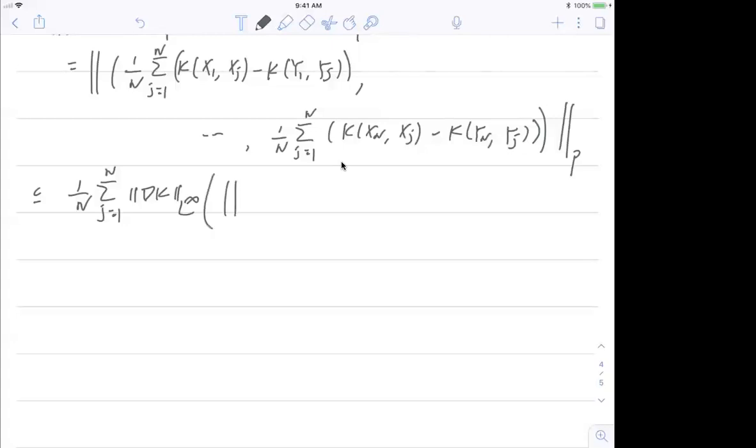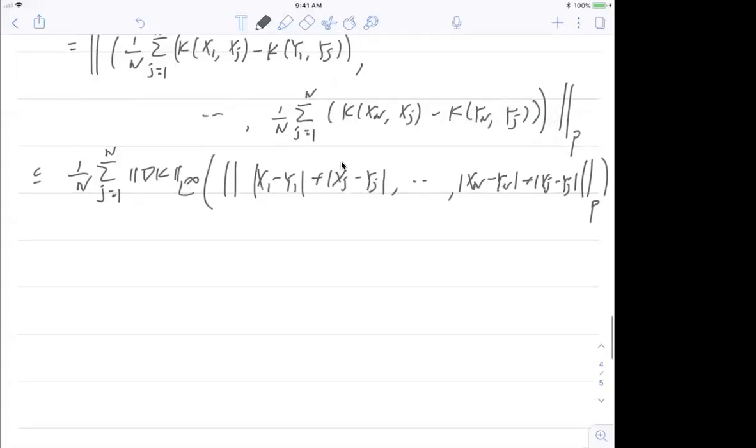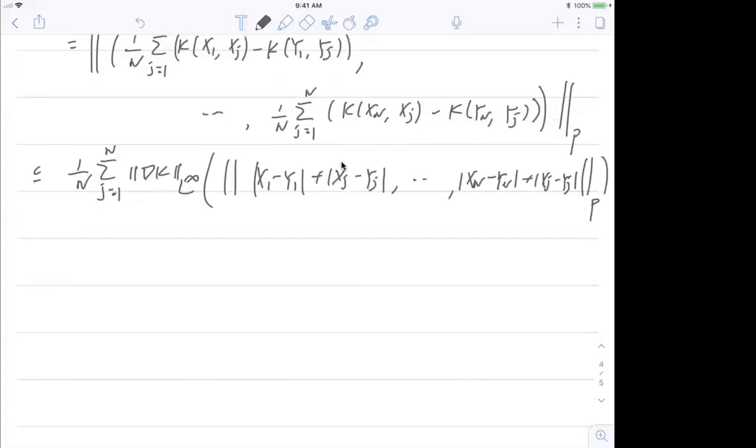So then this is less than the infinity norm of gradient K times the p norm of x minus y plus the 1 norm of x minus y.